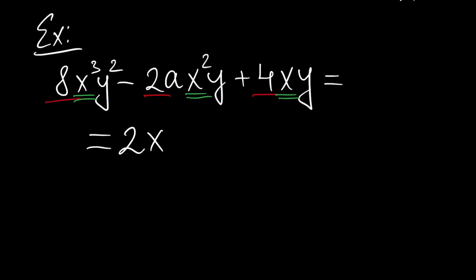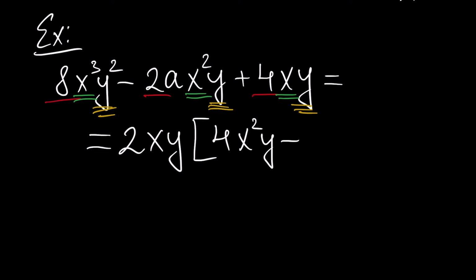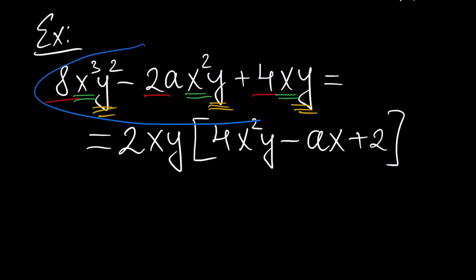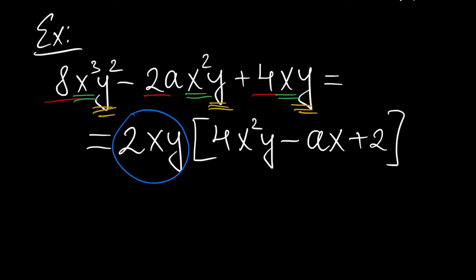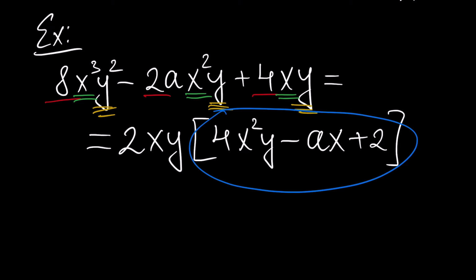What about y? We can take out y out of these terms, and we will have 4x squared y minus ax plus 2. So again, we represented this polynomial as this monomial times another polynomial.